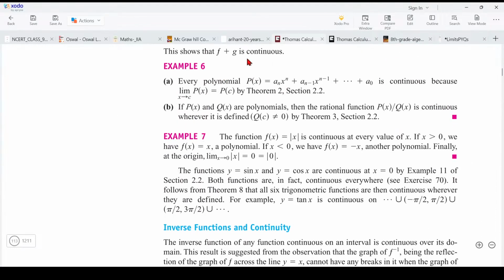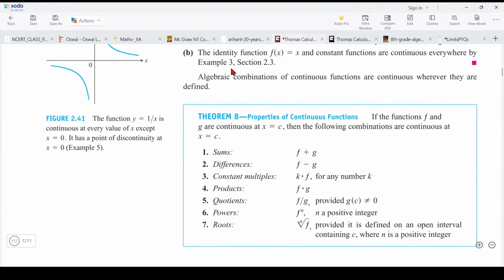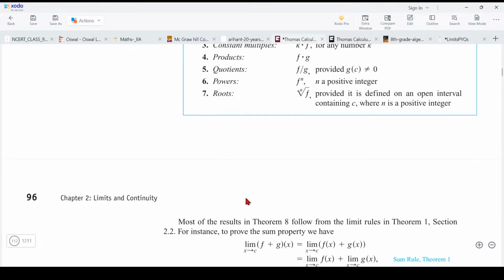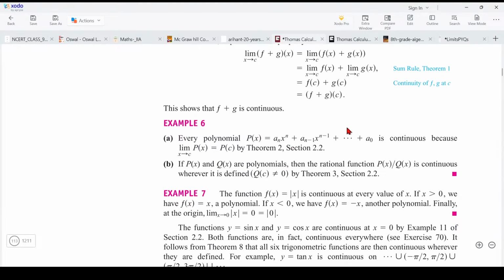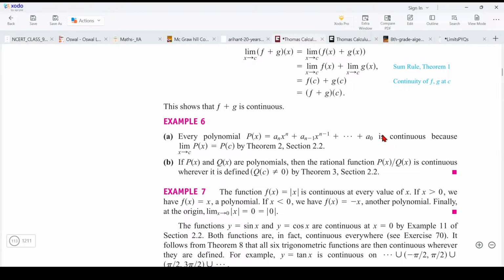So generally, every straight line is continuous. Agreed. Every parabola is continuous. Agreed. Similarly, every cubic equation, every equation of power 4 or whatever, in fact every polynomial, is a continuous function. Higher orders are also continuous.